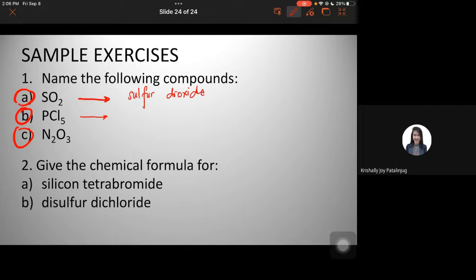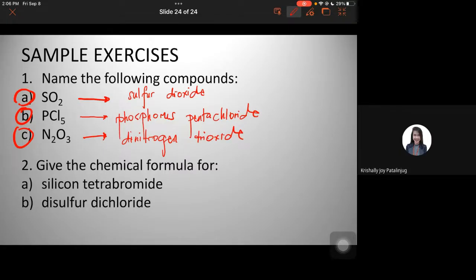And then we have phosphorus pentachloride. And then this one, there are two nitrogen, so dinitrogen, and then three oxide, so trioxide.